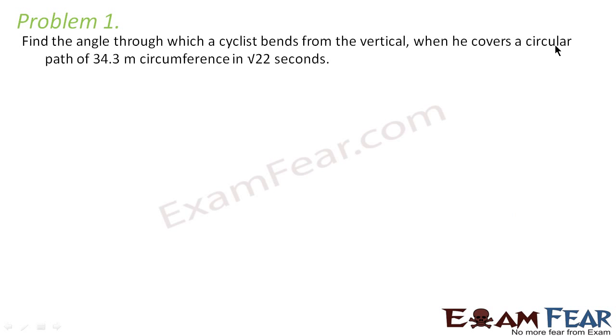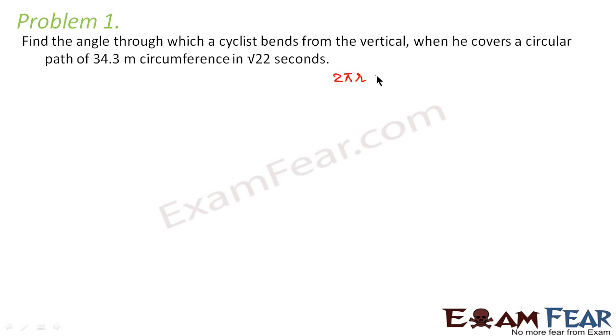The first problem says, find the angle through which a cyclist bends from the vertical when he covers a circular path of 34.3 meter circumference in root over 22 seconds. That means a cyclist is trying to cover a circular path whose circumference is given as 34.3 meters. What is the circumference of a circle?